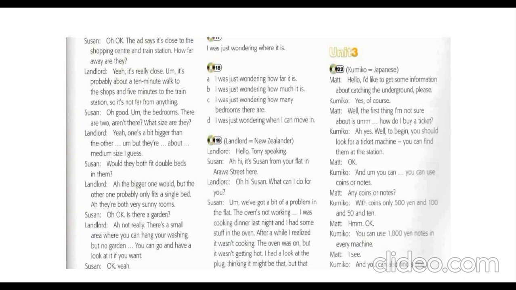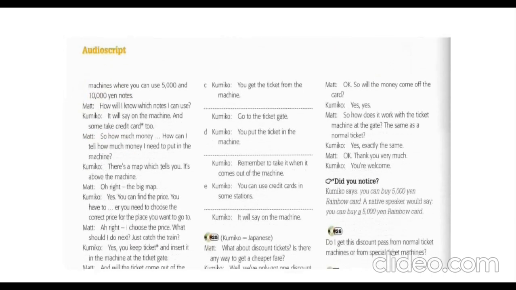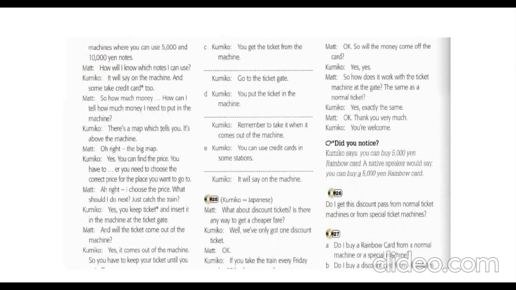Any coins or notes? With coins, only 500 yen and 100 and 10. Okay. You can use 1,000 yen notes in every machine. I see. And you can also find some machines where you can use 5,000 and 10,000 yen notes. How will I know which notes I can use? It will say on the machine. And some take credit card too.